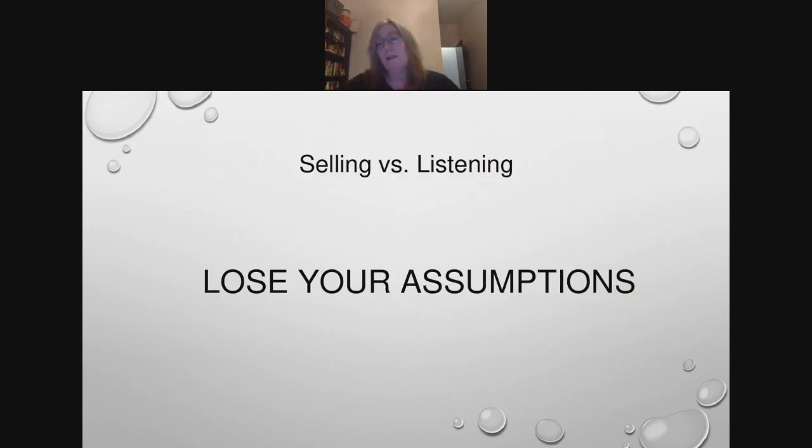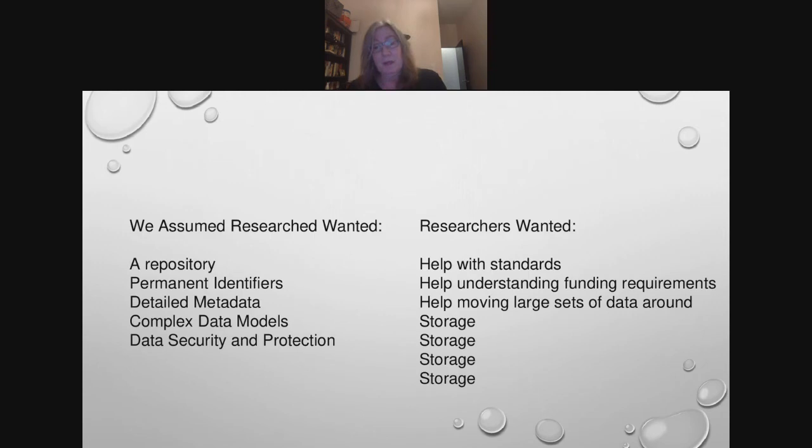When we finally started doing researcher meetings and we had our services up and running at UC San Diego, we were going in with a lot of assumptions because this was very new and no one had really done it before, at least at UCSD. So we went in in love with our beautiful repository, and we thought that they were all going to want to put their data in there, and they were all really excited about permanent identifiers and complexity and relationships between stuff and data security.